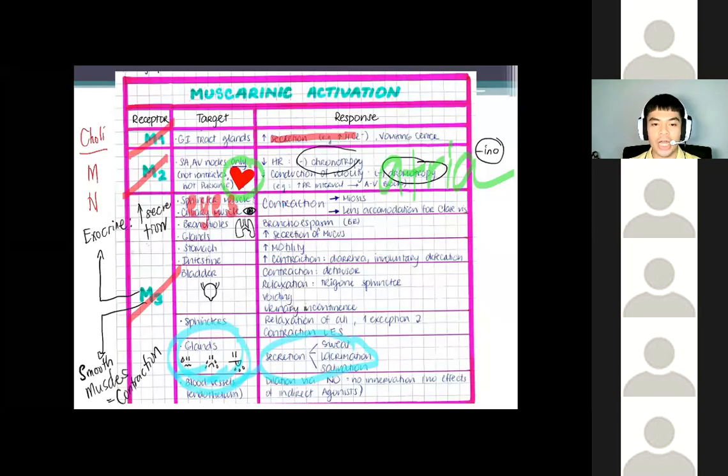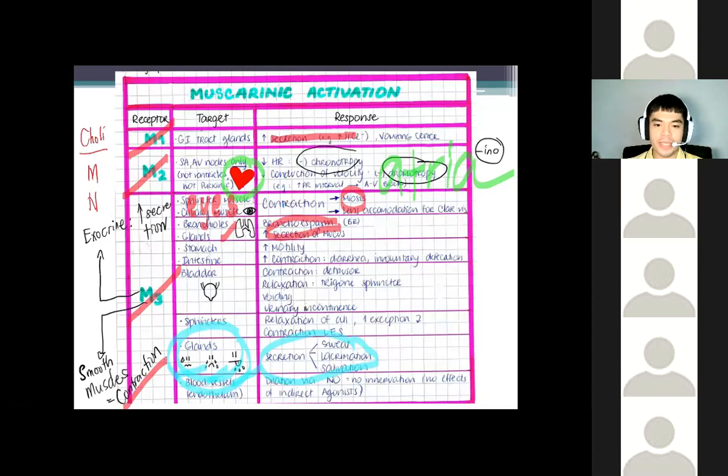Since contraction happens, the effect is miosis. Next, in the bronchi, since the reference is contraction, there is bronchoconstriction or bronchospasm.